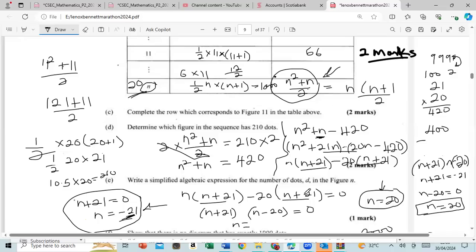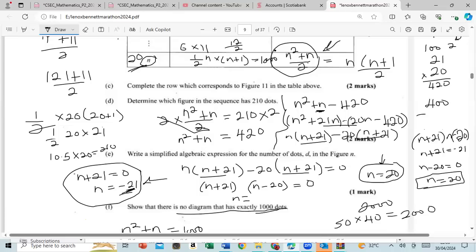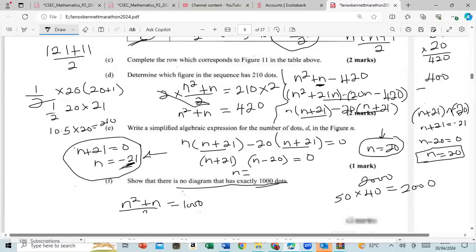But this is like too much work out, man. Probably there's a simpler way we may miss. If you sit down and factorize that up to 2,000, that's kind of crazy. How much is the mark for that, sir? 2 marks.